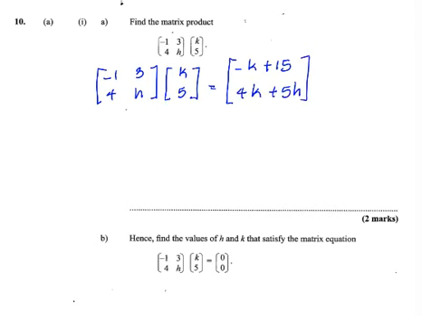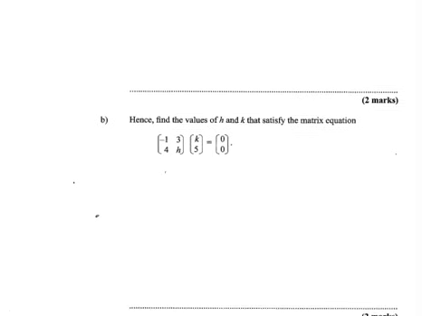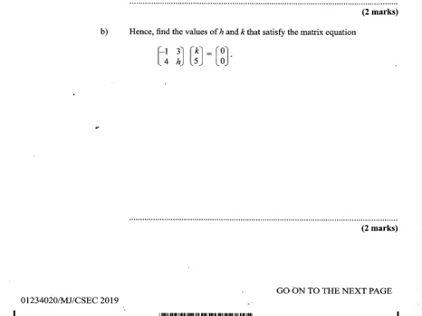Next, we're told, part b, find the values of H and K that satisfy the matrix equation. So here we have a matrix equation. These two matrices are equal.